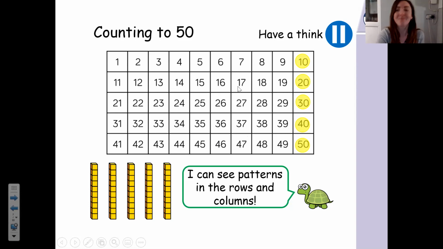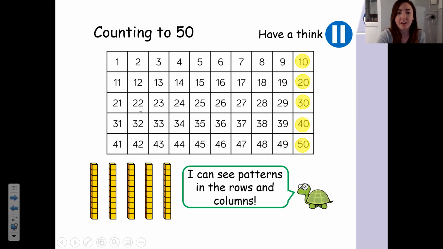How many tens in 17? That's right, 1. How many tens in 18? 1 ten. How many tens in 19? 1 ten. But then when we get to the end of each row, that's when the tens change. So the tens go up by 1 when we get to the very end. But other than that, along each row, the tens stay the same.